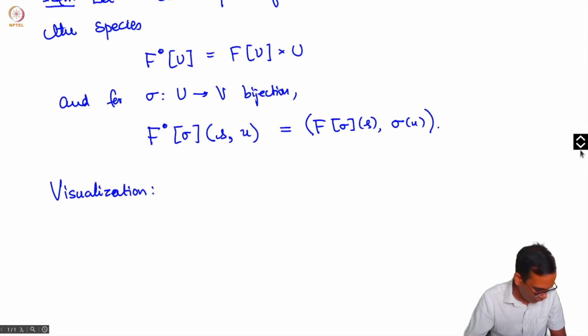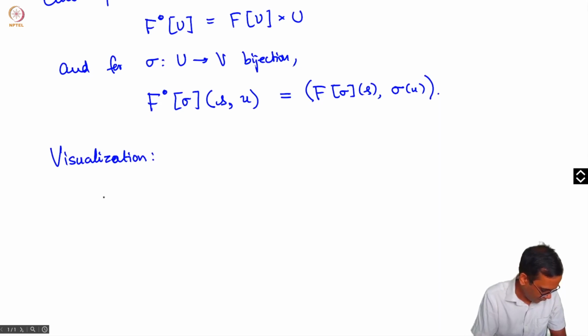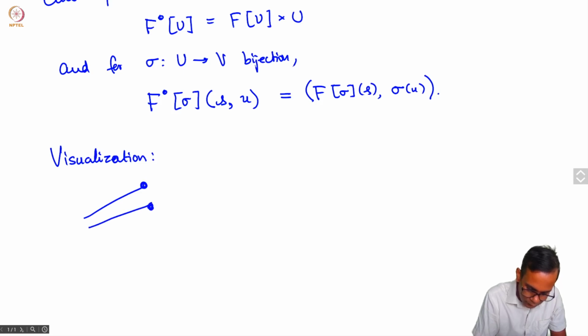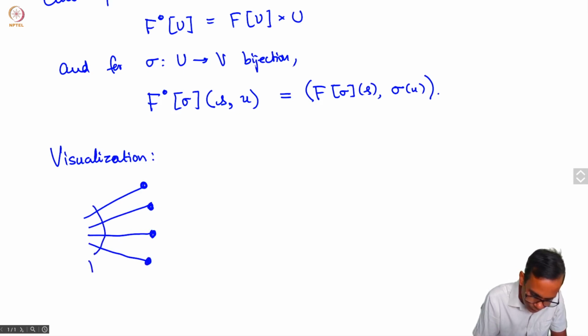So suppose you have a set U and you have an F dot structure.